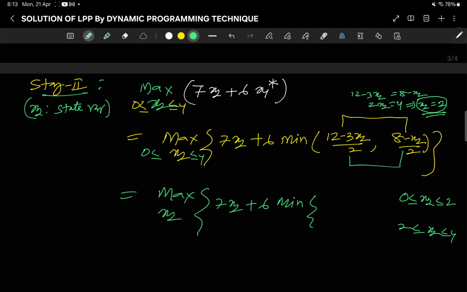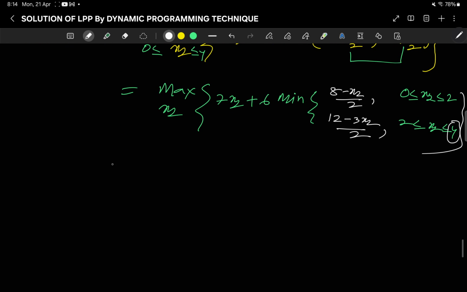Out of these two we see which one is minimum. At 4, the first is 0, which is minimum; at 4, the second is 8 minus 4 by 2. So the minimum value (12 minus 3x2) by 2 is written over here, and the value (8 minus x2) by 2 is written over here. Now we simplify it.